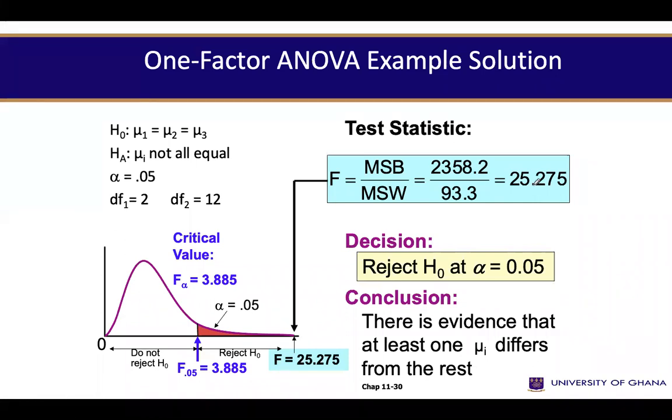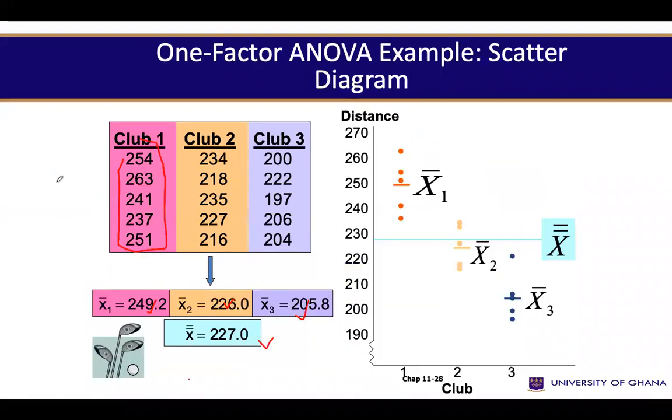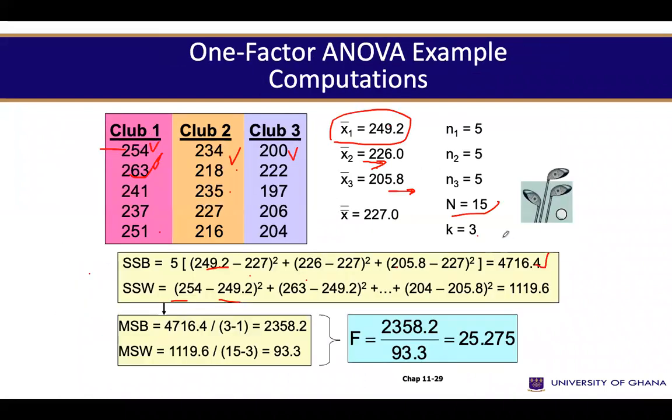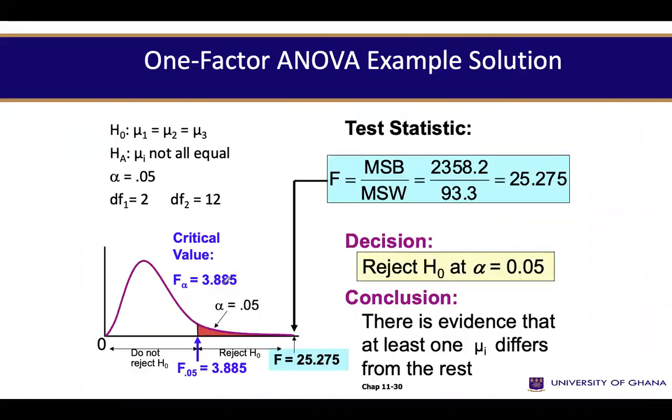Now we need to determine the critical value of F. The critical value of F is such that I indicated it somewhere here that it's F alpha, k minus 1, n minus k. Now this question says that our first degree of freedom is 2, k minus 1 is 2, n minus k is 12.